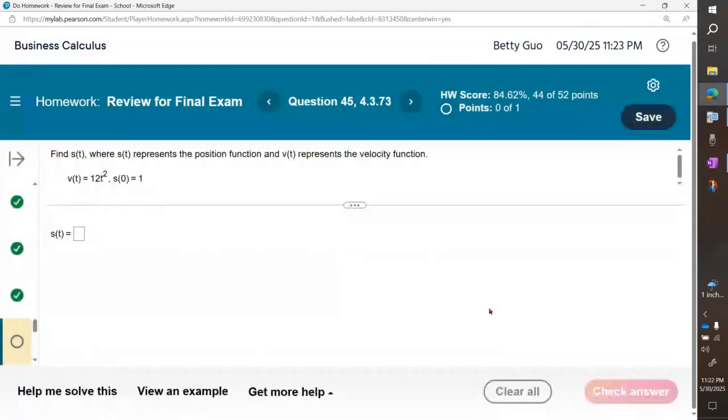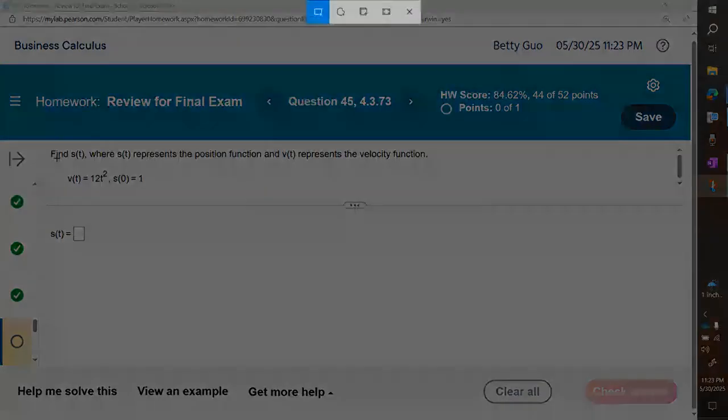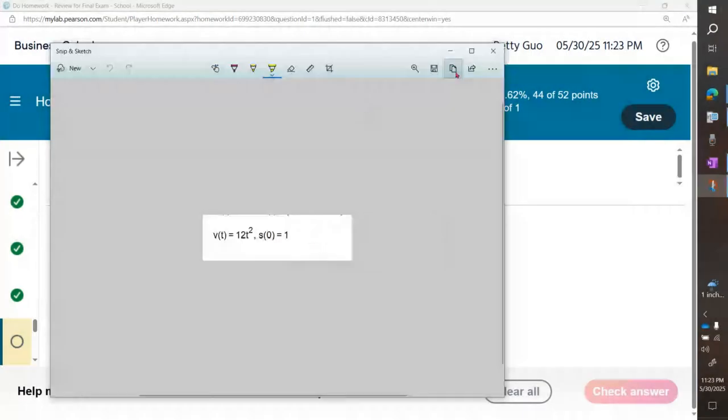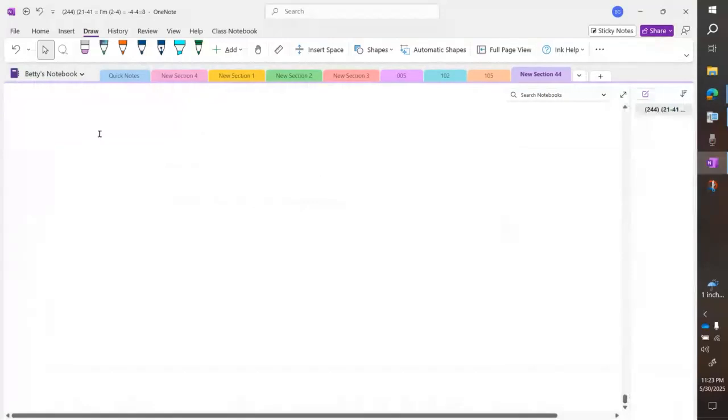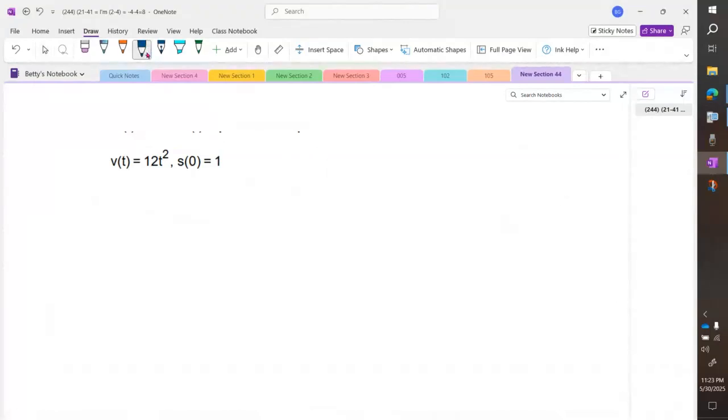Question number 45. Find the position function. Okay. If the velocity function is given, remember earlier we say position function is the antiderivative of the velocity function.